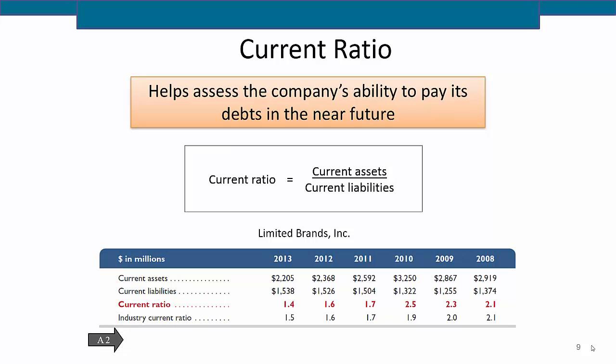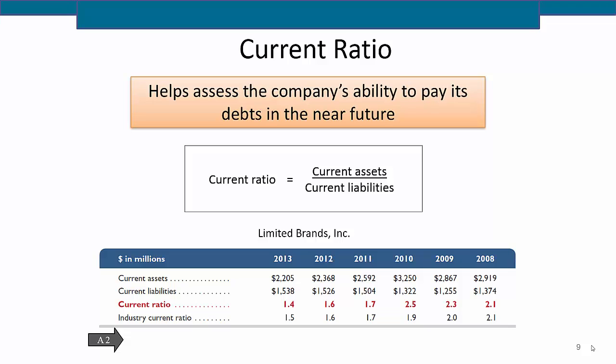The current ratio is commonly used to indicate whether a company can pay its debts in the near future. It's one of several ways to measure a company's liquidity. The current ratio is used by suppliers when deciding whether to let a company buy on credit.